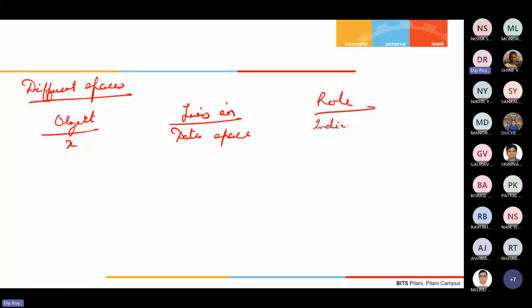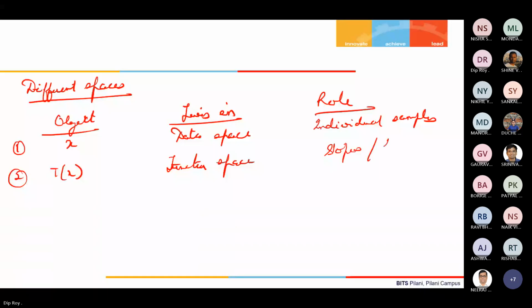Two, you have your T of X. It lives in the function space, and its role is basically to determine the slopes, the hyperplanes. Three is your Q, which is nothing but the probability of the generator.